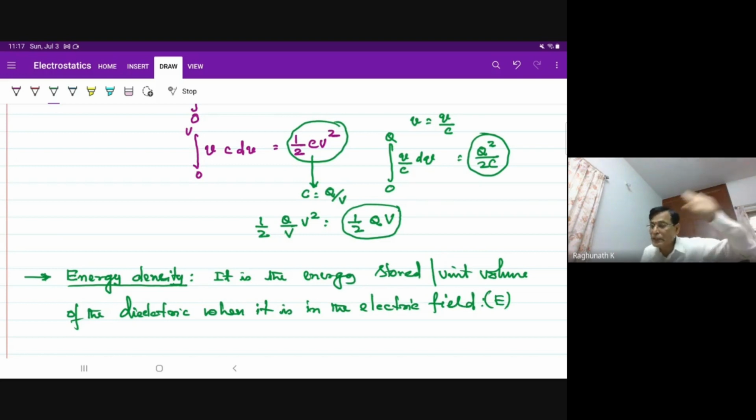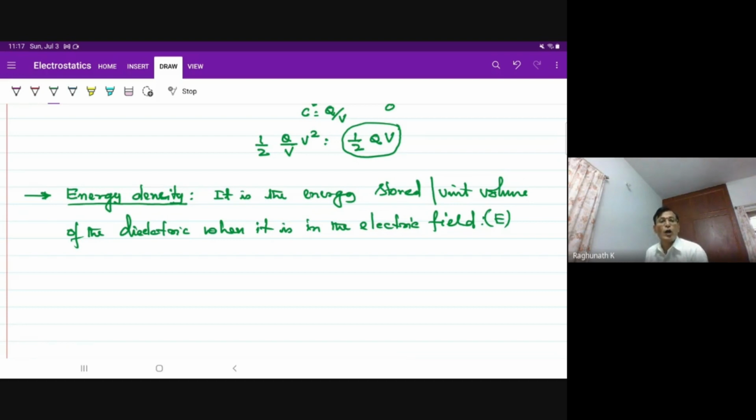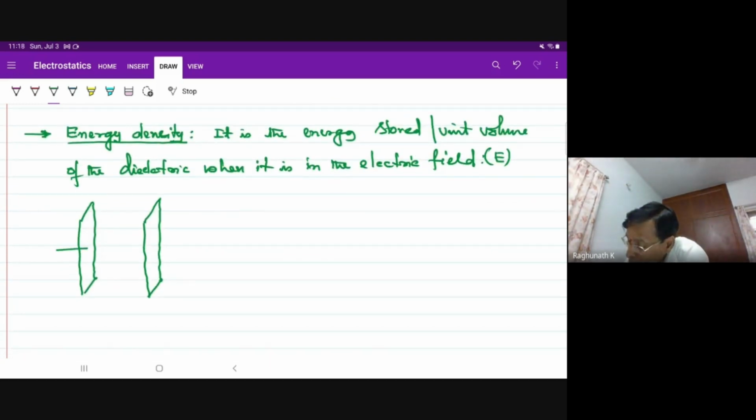There are complicated derivations for this, which ultimately come down to the same result. I will go through the simple procedure. I know that total energy stored, if it is true in one case, it should be true everywhere, because of which I am considering this example only. This is the capacitor of capacitance C, charged to V volts.